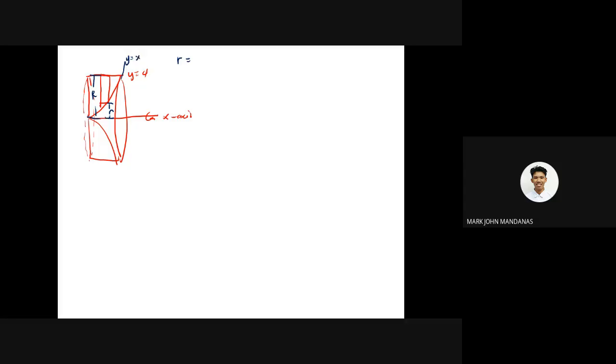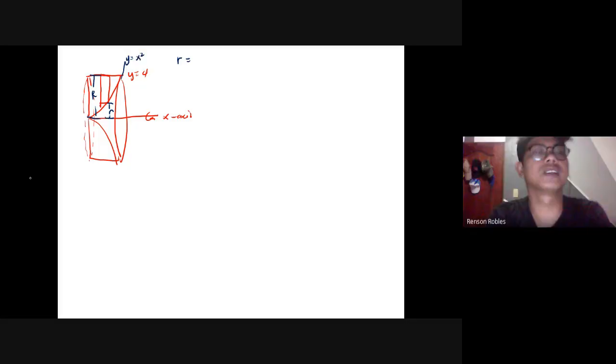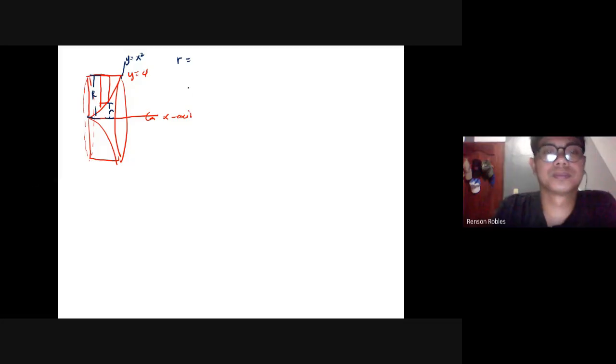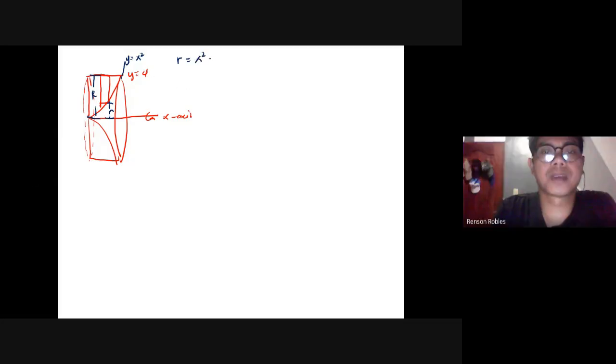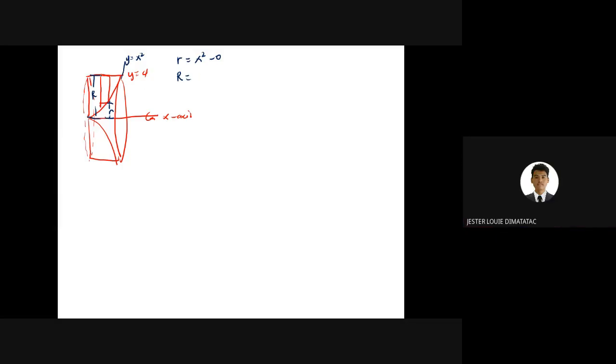Y equals x squared po. Okay. Then how do you write your small r? Small r, x squared minus 0 po. Capital R? Four minus 0 po. Okay, good.